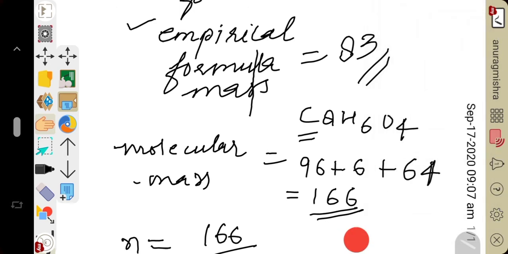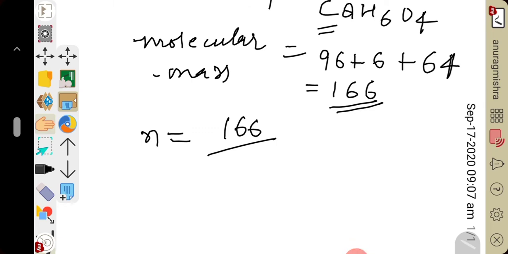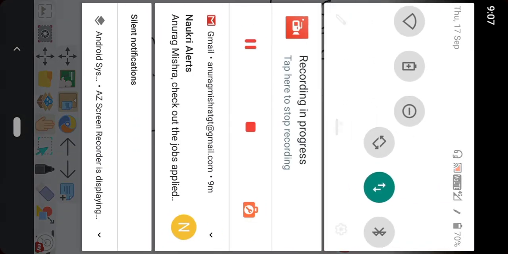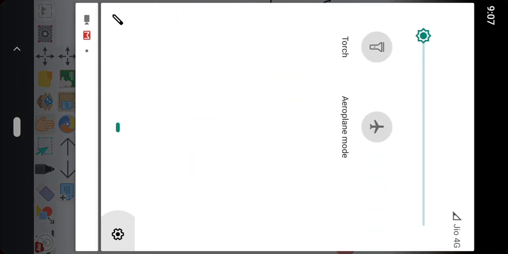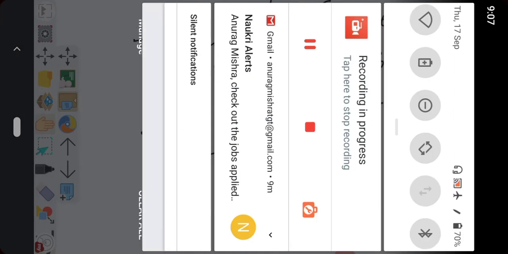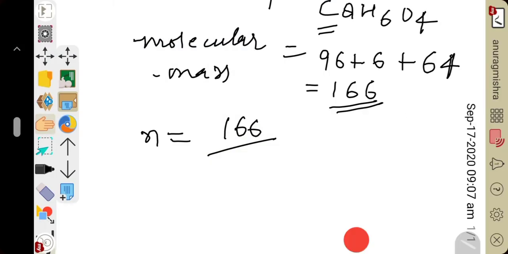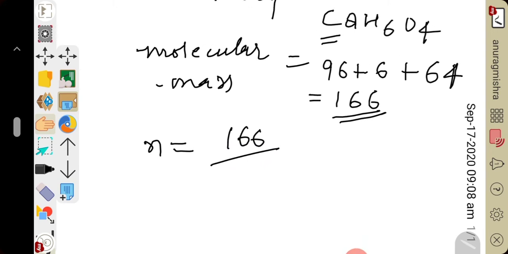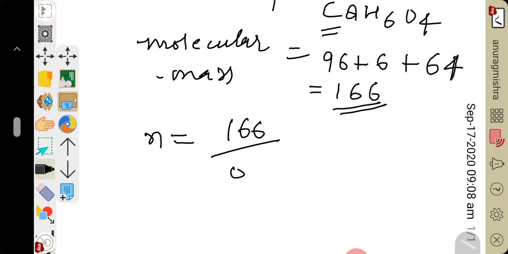Now come to the numerical. So n is equal to 166 by 83. After division, you will get the value 2.